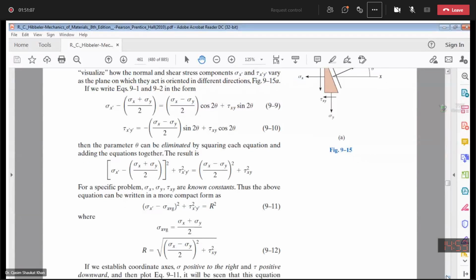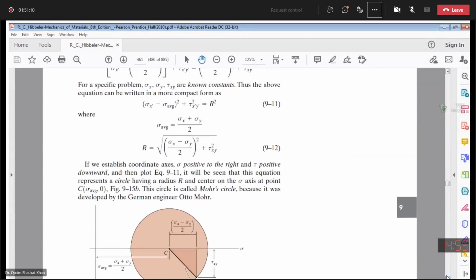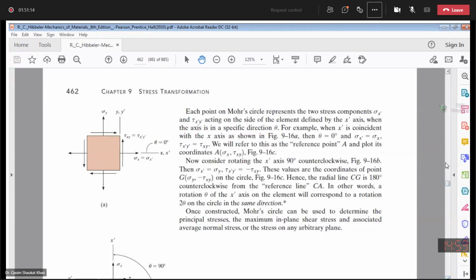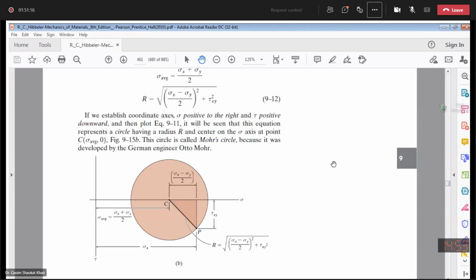So let's come to here now. How to draw the Mohr circle, that I can explain to you now. Over here there are a few differences which you also need to note down.